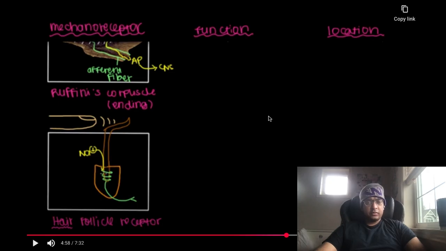So it's kind of similar to a movement, not a different type of movement than the Pacinian corpuscle, where it's like this, and then what was the other one? The Meissner's corpuscle.